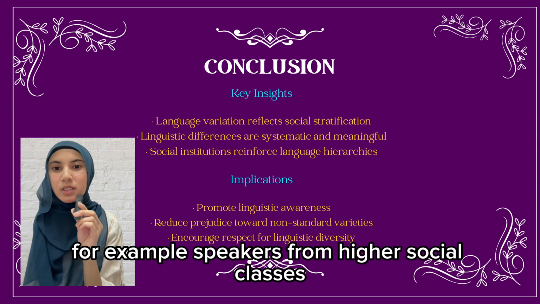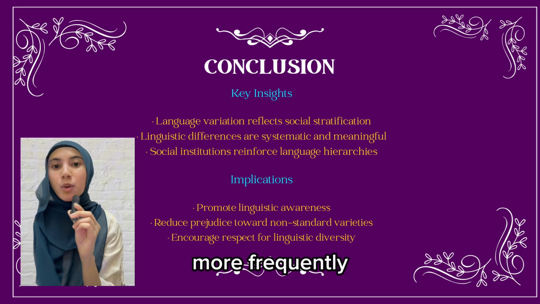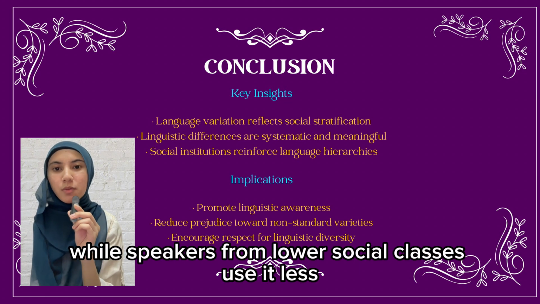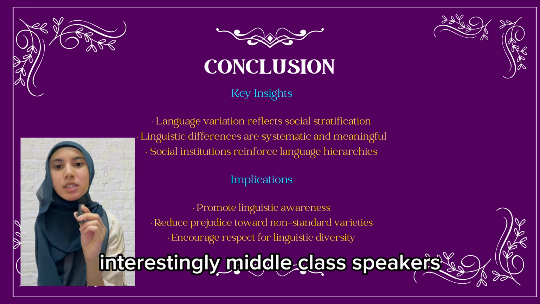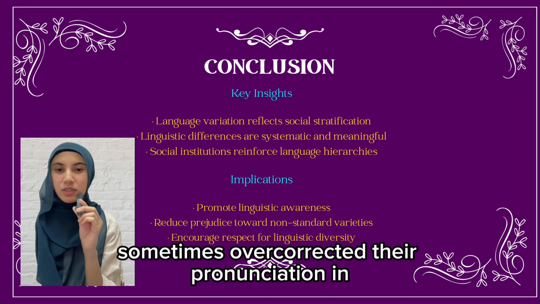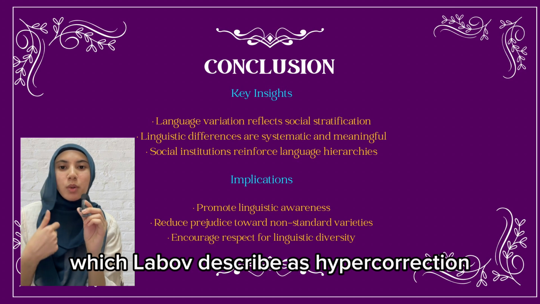For example, speakers from higher social classes tend to use the post-vocalic "r" more frequently, while speakers from lower social classes use it less. Interestingly, middle-class speakers sometimes overcorrected their pronunciation in more formal situations, which Labov described as hypercorrection.